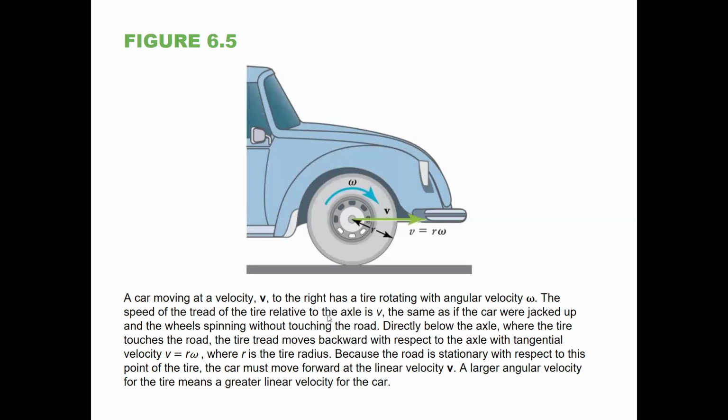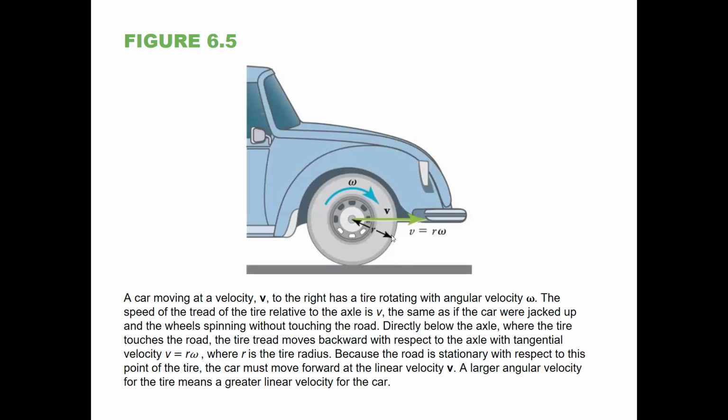So the speed of the tread of the tire relative to the axle. Directly below the axle, where the tire touches the road here, the tire tread moves backward with respect to the axle with tangential velocity.